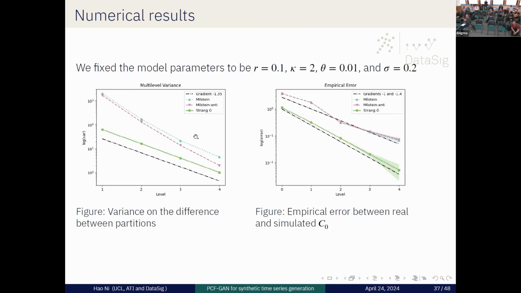Here, our method uses the Milstein-level polynomial with the Levy area generator, and you can see that our proposed method has a better convergence rate empirically. So it demonstrates a promising direction for using synthetic Levy area generation for SDE approximation.